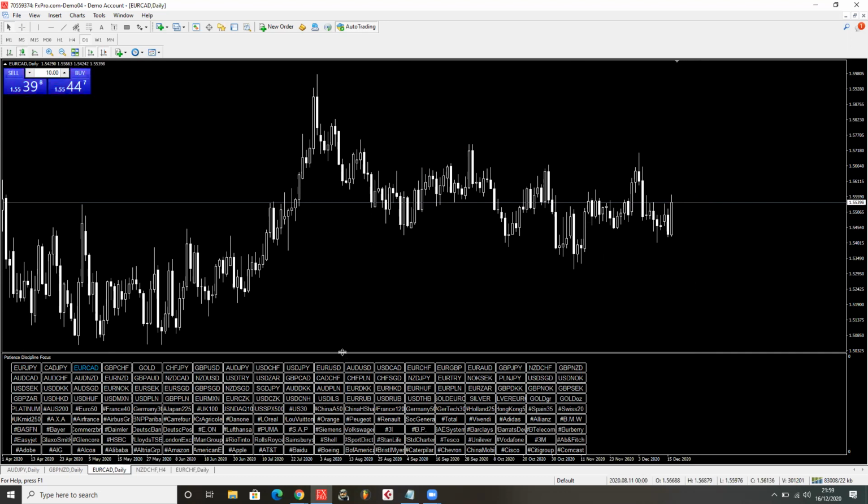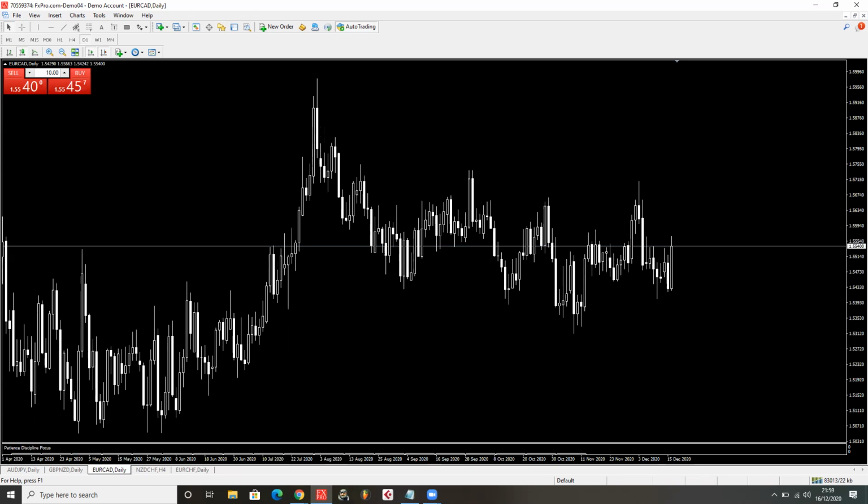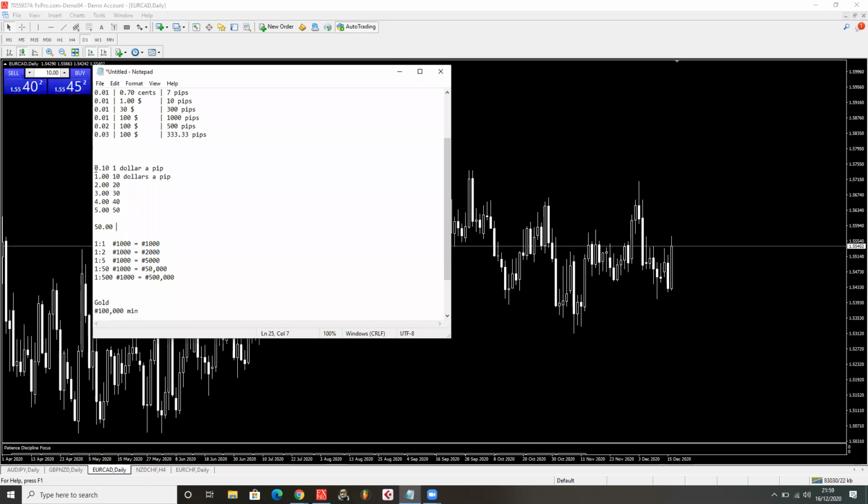And if you're making 142 pips and you were just trading with 0.10, how much is 0.10? 0.1 is $1 a pip. So you would have easily made $142. Wow. You understand?